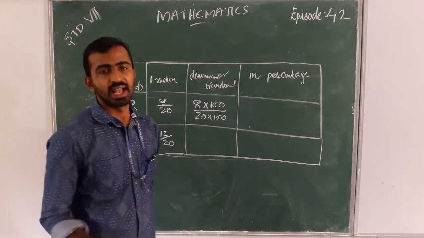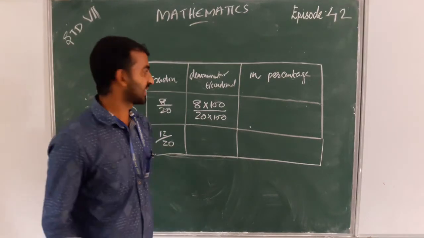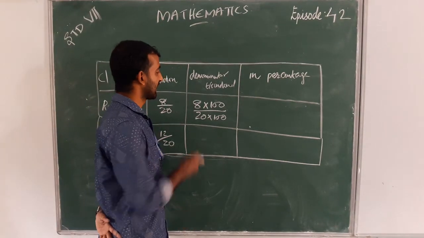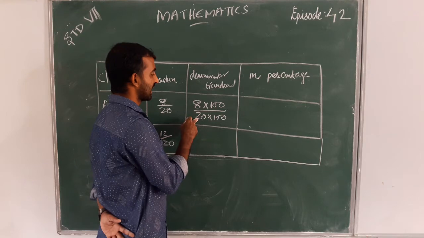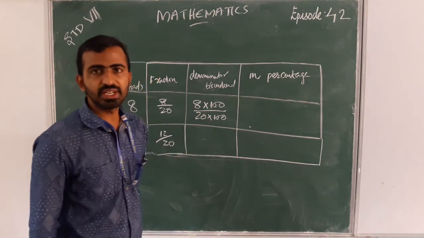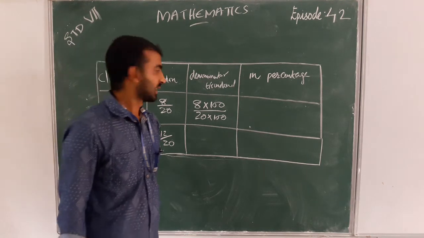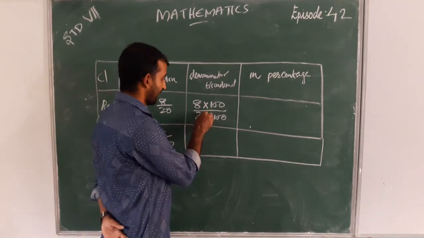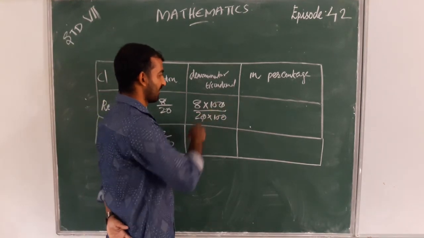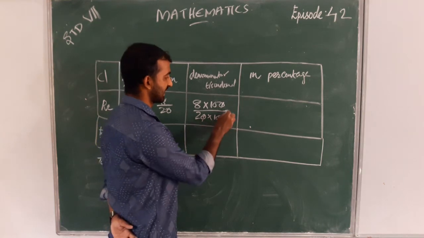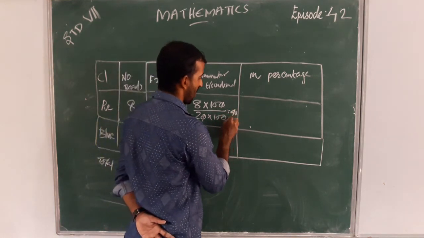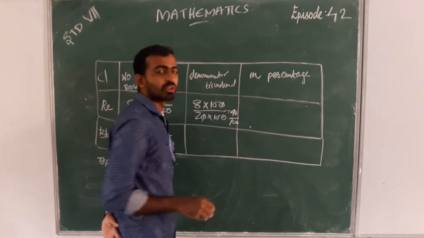We can simplify 8 and 20, and we get 40 by 100.